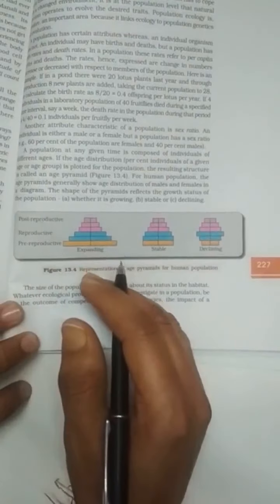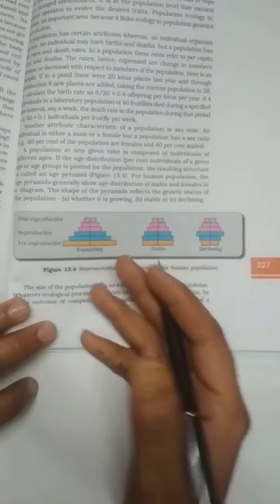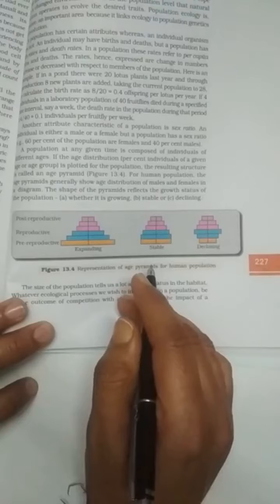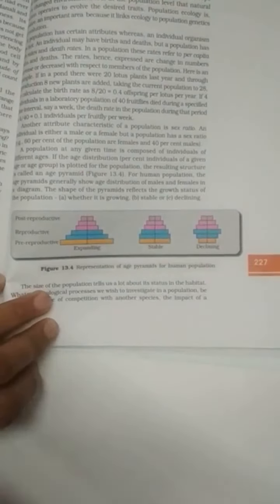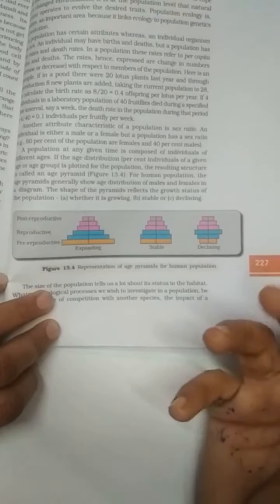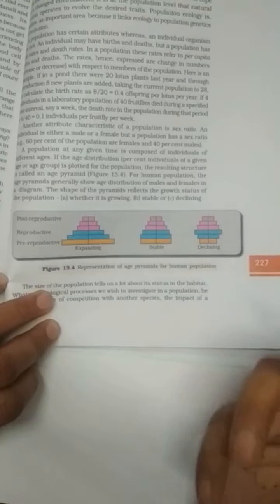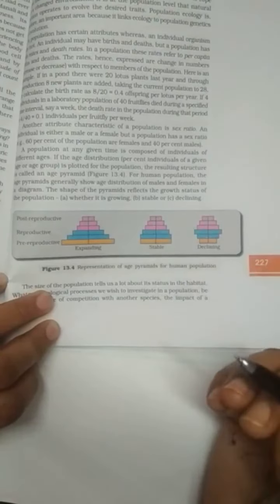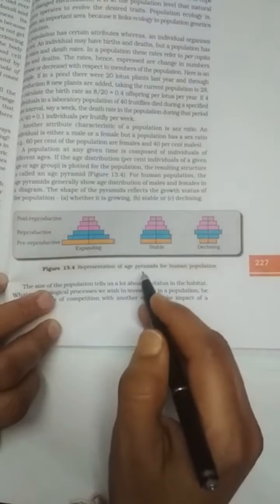The shape of the pyramids reflects the growth status of the population, whether A is growing, or B stable, or C declining. The pyramids for the human population, males and females, are represented here.